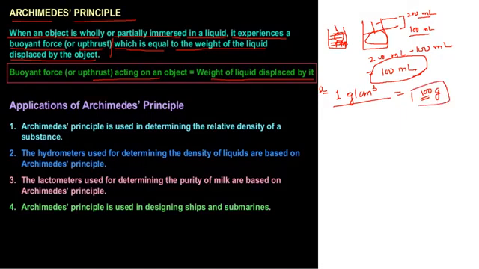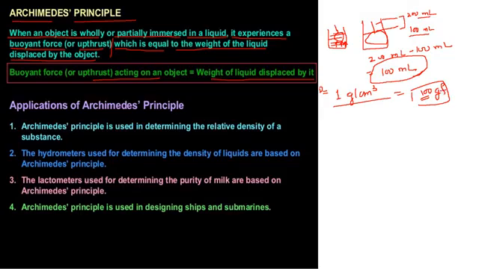So there is a displacement of 100 grams. This 100 gram is equal to the buoyant force acting on the object. The weight of the liquid displaced is equal to the buoyant force acting on the object. So if I take a weight of 100 grams, I will write it as 100 gf.